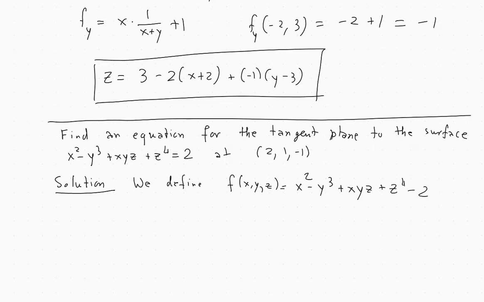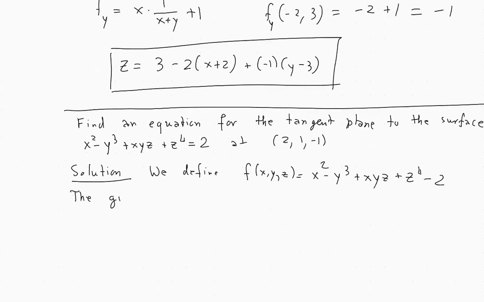If you put it like this, then it's the level surface corresponding to 0. So let's write it. So the given surface is the level surface of f of x, y, z corresponding to 0, to the level value 0, if you will.